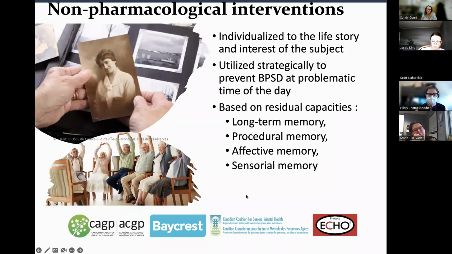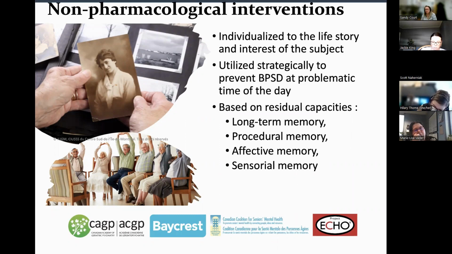About the more fancy non-pharmacological interventions, I need to put some emphasis on basic things to consider. They need to be individualized to the life story and the interests of the subject. They need to be used strategically to prevent BPSD at problematic times of the day.